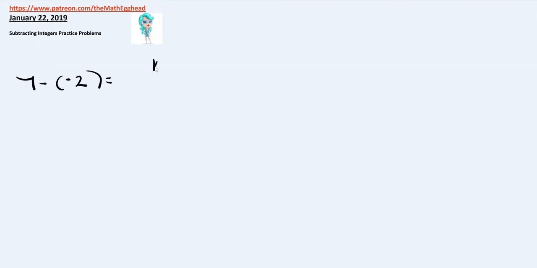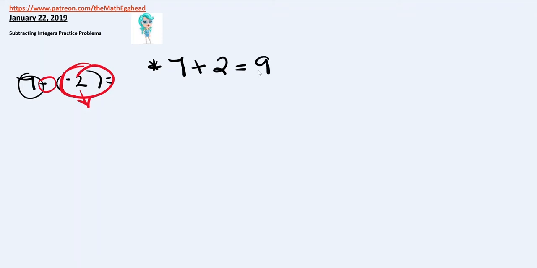Now, if you remember the rules for subtracting, for all subtraction problems, you keep the first number, change the subtraction to addition, and whatever second number you have, write the opposite of it. So you keep the first number, change the subtraction to an addition, and the opposite of negative 2 is 2. So we know it's 7 plus 2, which is 9.